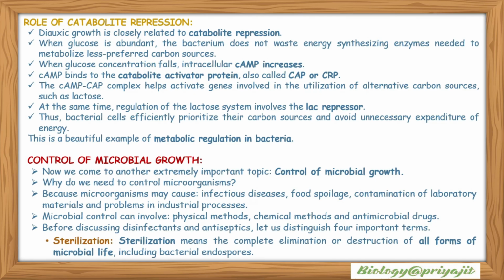The cAMP-CAP complex helps activate genes involved in the utilization of alternative carbon sources such as lactose. At the same time, the regulation of the lactose system involves the lac repressor. Thus, bacterial cells efficiently prioritize their carbon sources and avoid unnecessary expenditure of energy. So this is a beautiful example of metabolic regulation in bacteria.